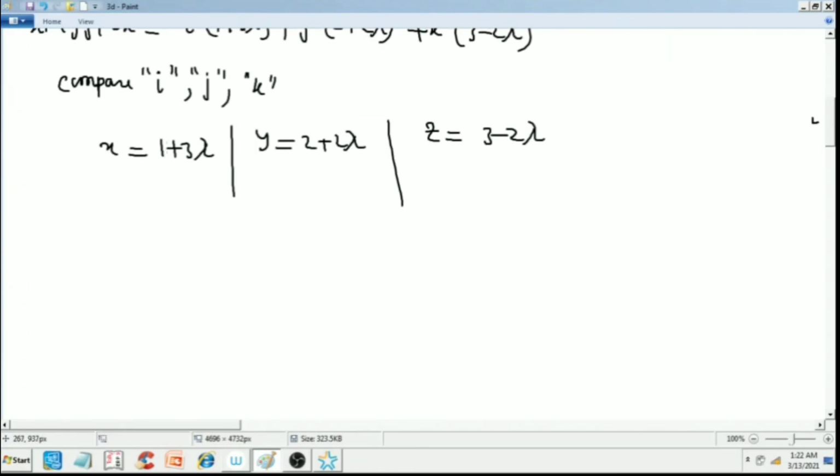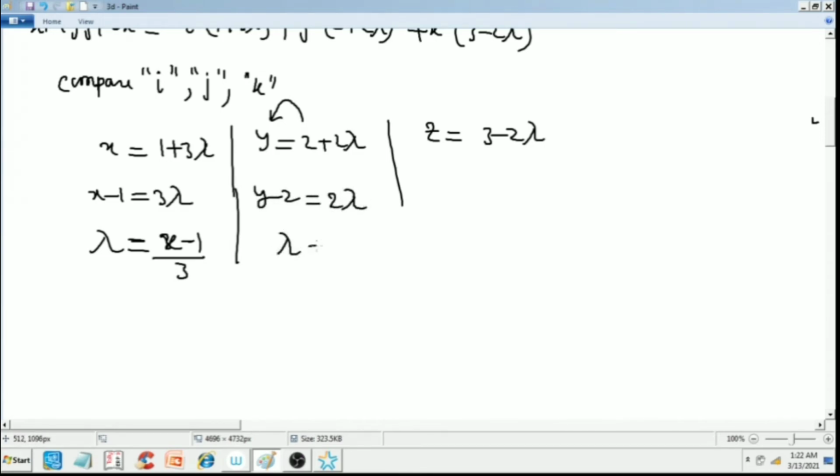Bringing the 1 to the left side, x - 1 = 3 lambda, so lambda = (x - 1)/3. Similarly y - 2 = 2 lambda, so lambda = (y - 2)/2. And z - 3 = -2 lambda, so lambda = (z - 3)/(-2).